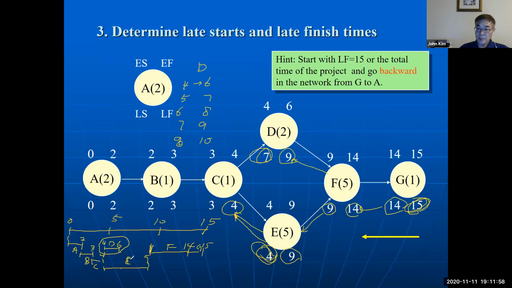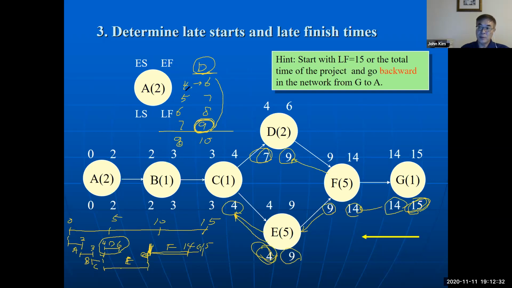Because activity E finishes at 9, as long as activity D finishes by week 9, there is no delay. So until E finishes, there are possible combinations of start and finish times for activity D.